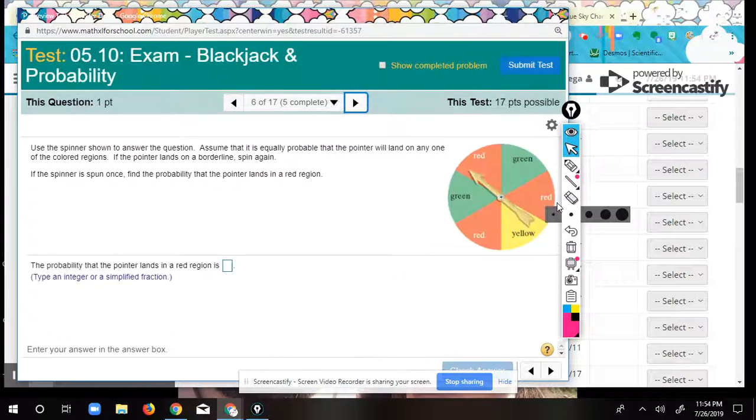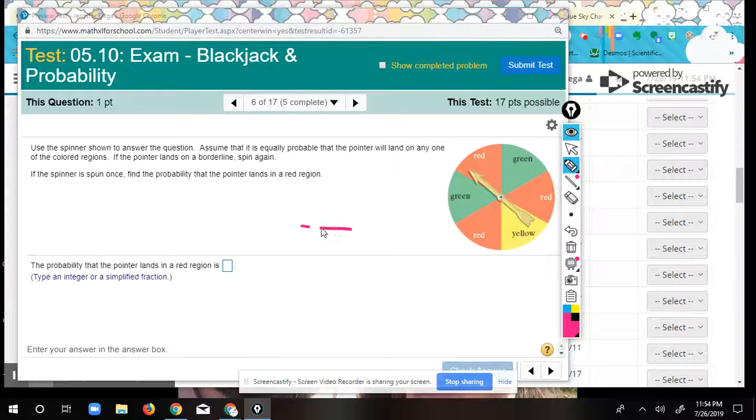Okay. This one here, the spinner is spun once. Find the probability that the pointer lands on a red region. You put how many red regions there are, and there are 3 different red regions, over how many spaces there are, and there are 6 different places you could go.